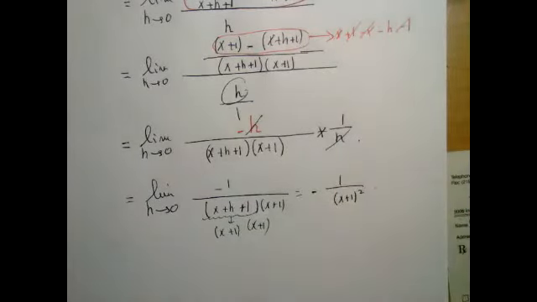I just plug minus a half into the formula, and I will have minus a half plus 1 squared. Now minus a half plus 1 is a half. So it's going to be minus 1 over a half squared, which would give me minus 4.